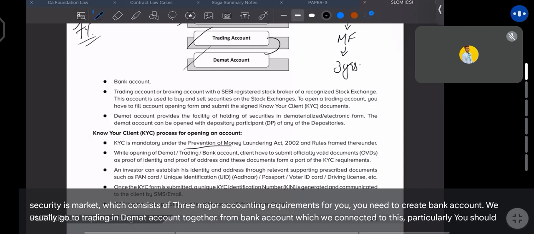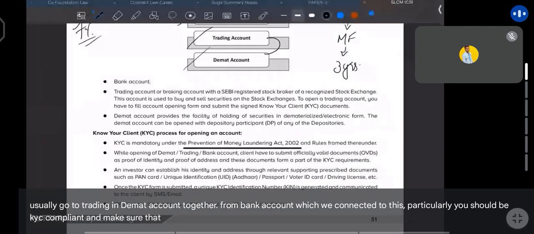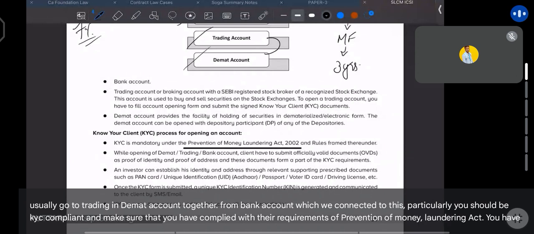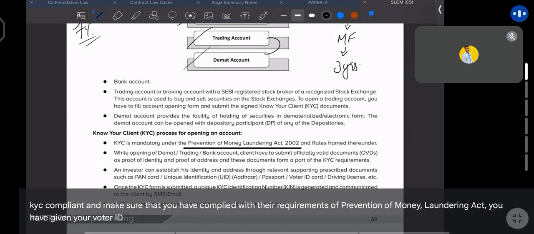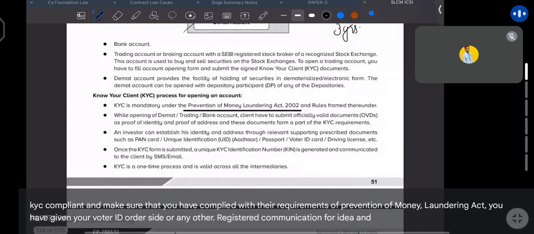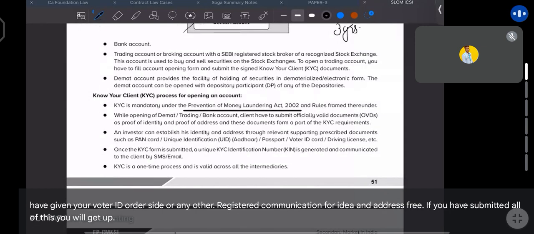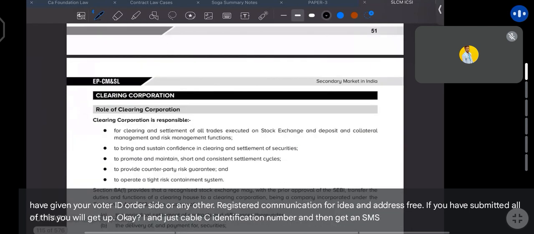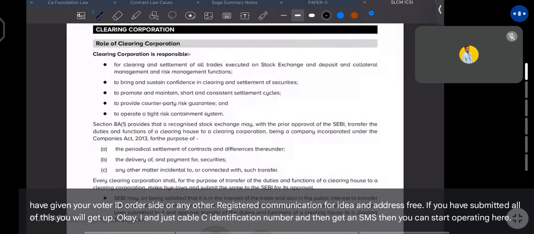You should be KYC compliant and make sure that you have complied with the requirements of the Prevention of Money Laundering Act. You have given your voter ID, Aadhaar card, PAN card, or any other registered documentation for ID and address proof. If you have submitted all of this, you will get a KIN, which is KYC identification number, and then you will get an SMS. Then you can start operating your account.